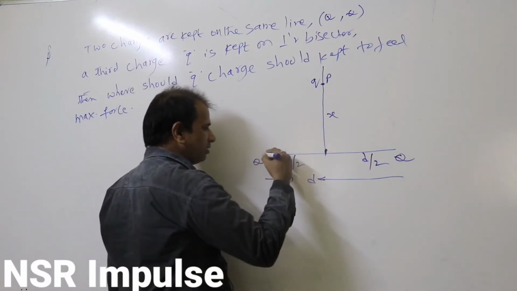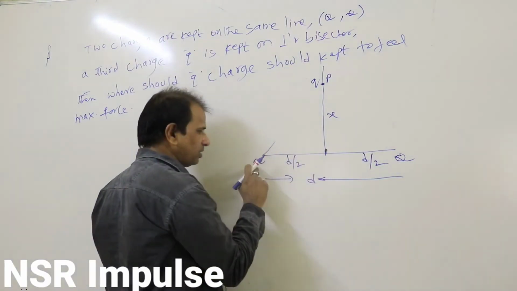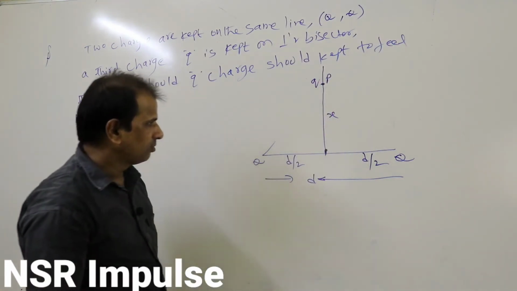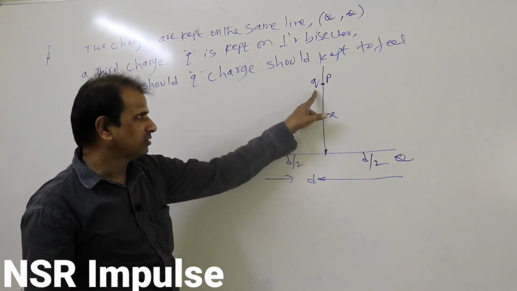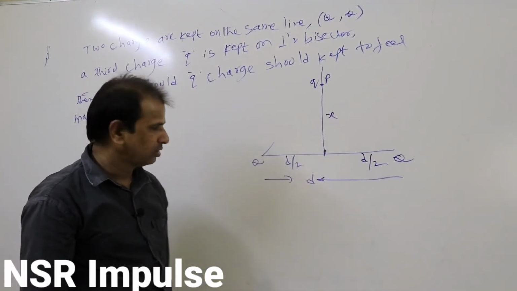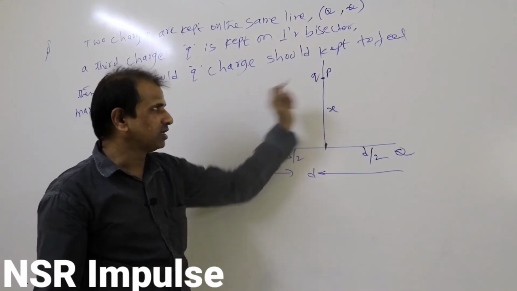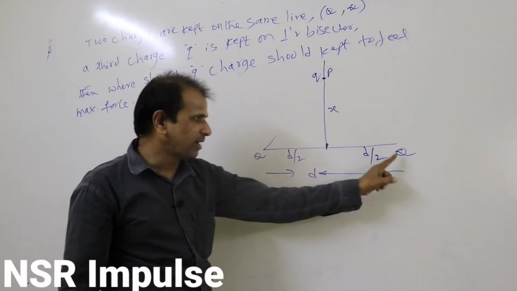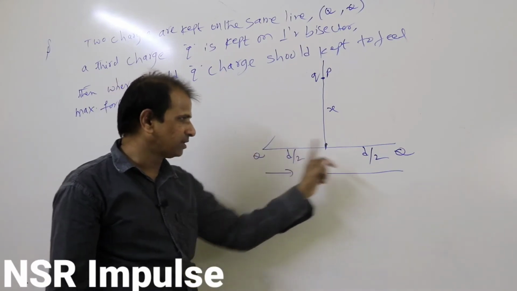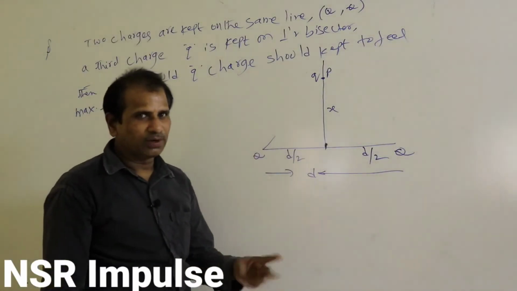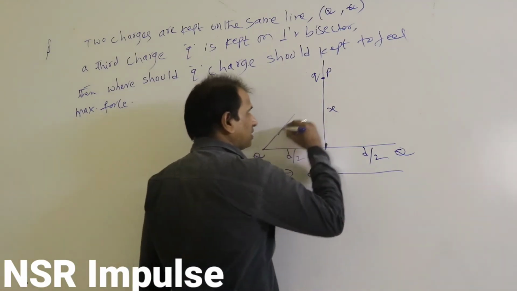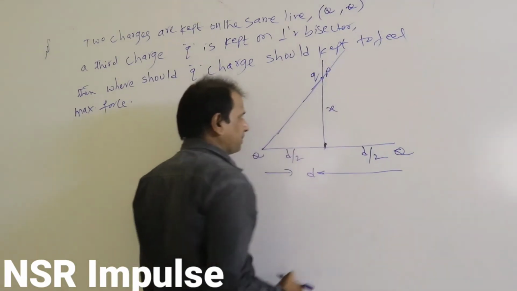Now here, the force between this charge and this charge we have to find, because on this charge these two charges apply force. Two charges, capital Q and capital Q, apply force on the third charge q. That's why first let us find this distance.